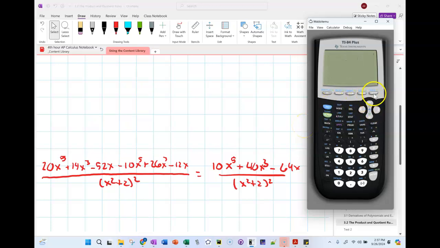Or again, if you wanted to, you could look at the table and compare y2s and y3s. If I look at those values, I notice that y2 and y3 are giving me the exact same values. More great evidence that my answer is the derivative. Do you guys get what I'm doing here?